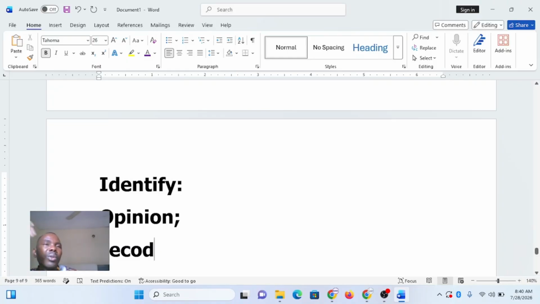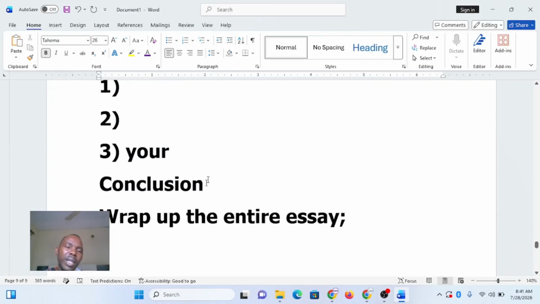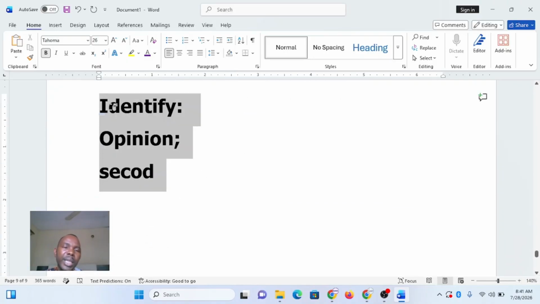So in the conclusion, you acknowledge the view, or what they call the counter opinion. You acknowledge the fact that somebody might be thinking that this is this, or it could be this. But once you identify it, the last thing is you now say why it does not hold. You emphasize why what you have been writing on is the one that is valid. But generally, in the conclusion, you wrap up your entire essay.